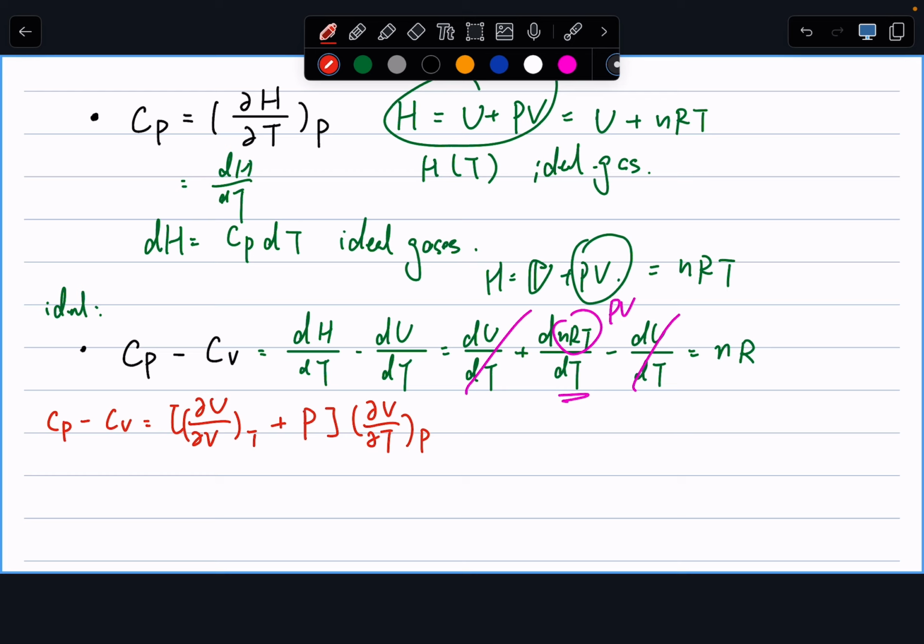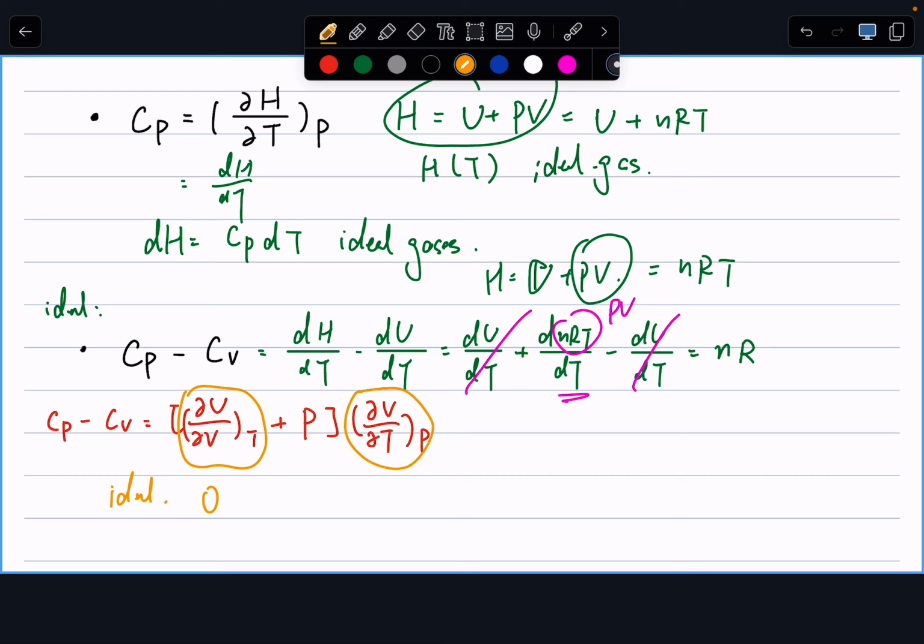Now from here, for ideal gases, we know that your internal energy is not dependent on volume, so this term becomes 0. There's no dependence of internal energy on volume at constant temperature. Or the other way to put it is, your internal energy is not going to change when temperature is not changing. So this becomes 0.